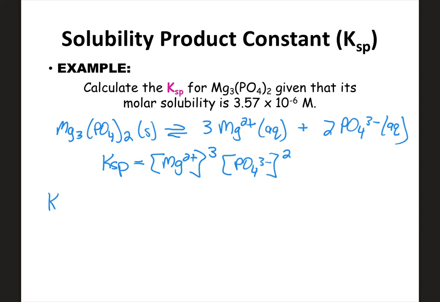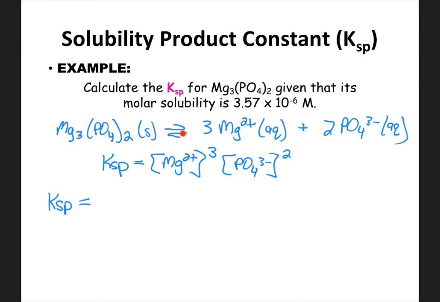So we have KSP equal to, we need the concentration of the Mg2+ here, right? What they gave us in the problem is the molar solubility of the compound. But in order to find the KSP, we need the concentration of each of the ions. But you can figure that out.